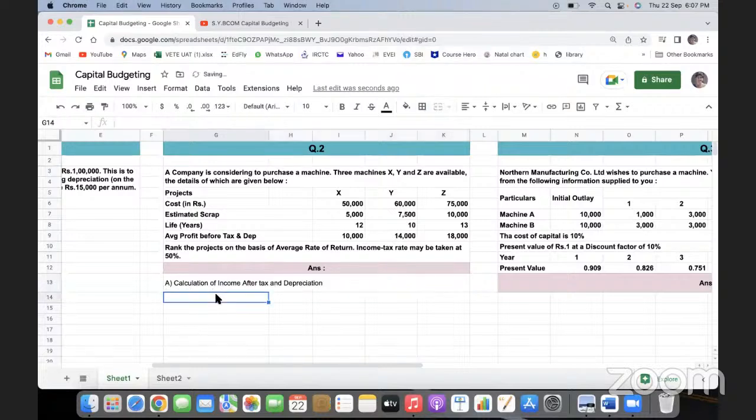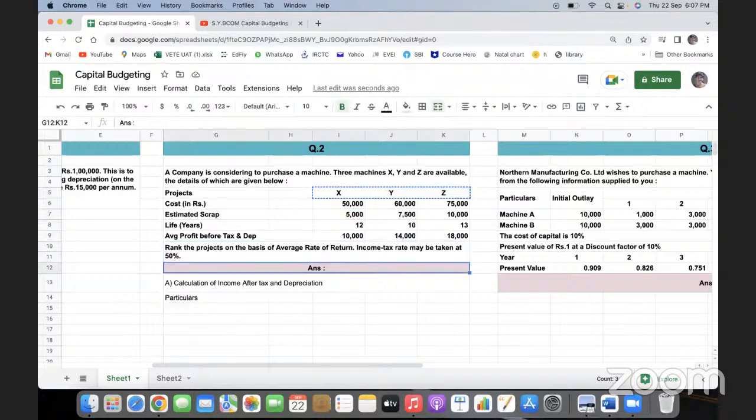We have a format, or we can create one particular table for this: the particulars and the machine names, that is X, Y, Z.